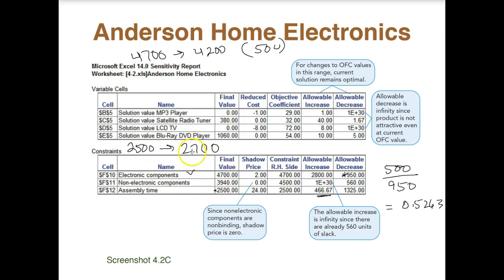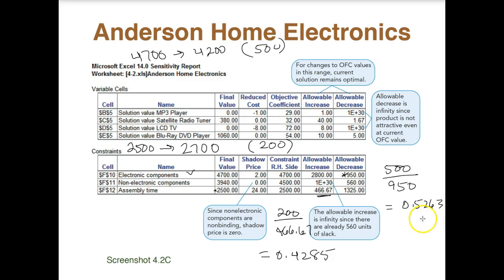And so now the difference between 2,500 and 2,700 is 200. So if we take that and divide it by the allowable increase, you see that's how we get 200 divided by 466.67, and that is where we got the 42.85% change in our model.